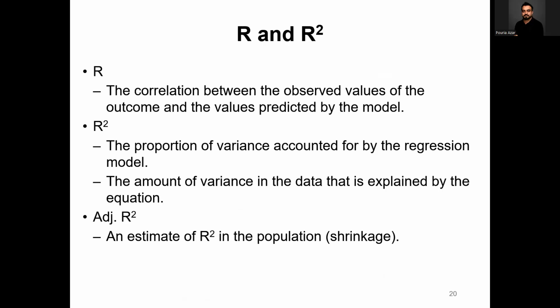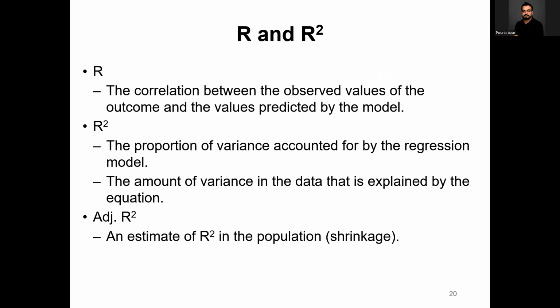R and R squared. R is, remember from correlation analysis, the same R. It shows the correlation. R squared is the proportion of variance accounted for by the regression model, or the amount of variance in the data that is explained by the equation.